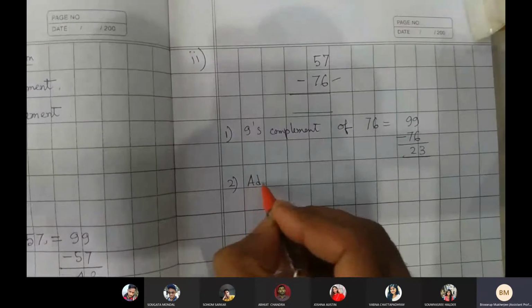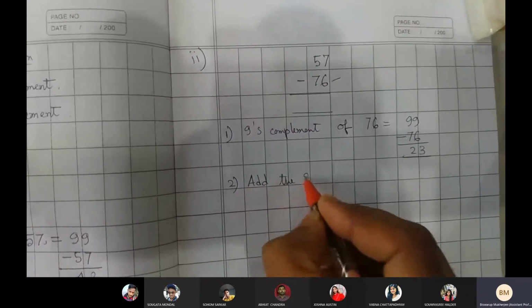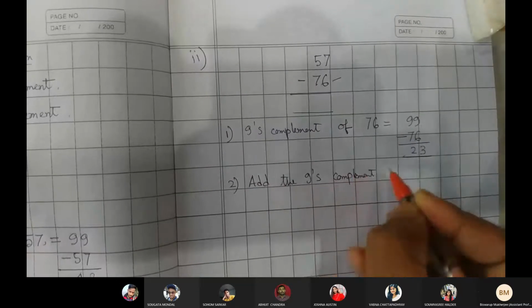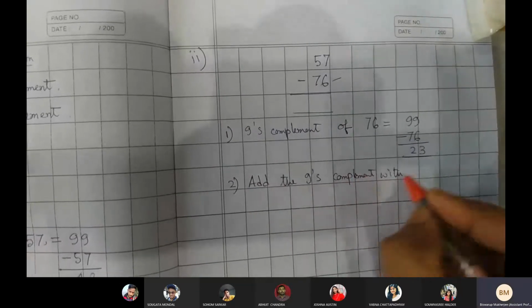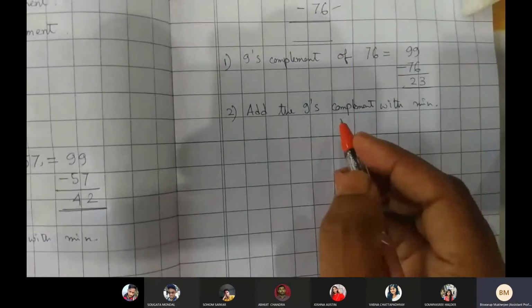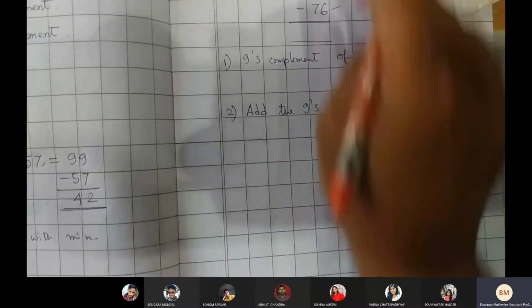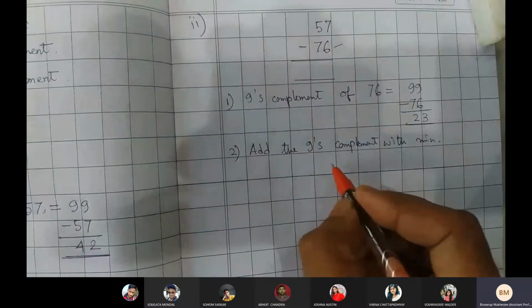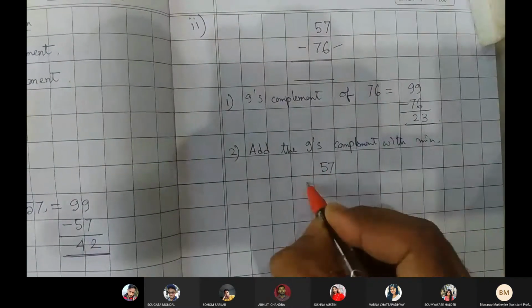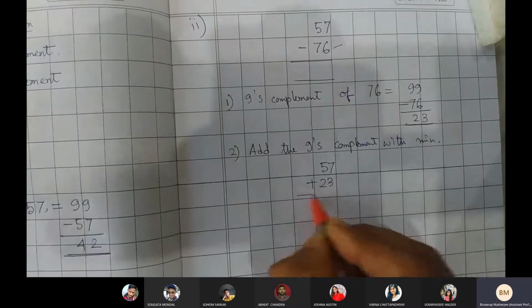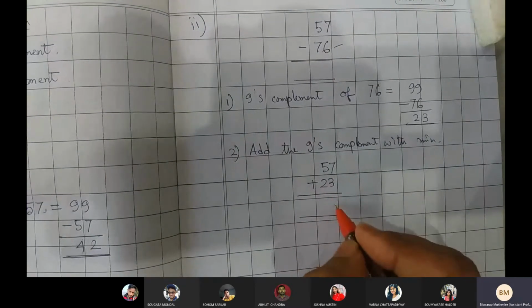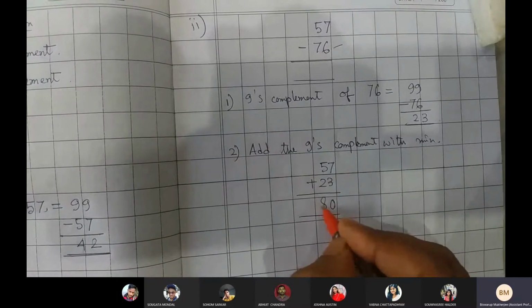Add the 9's complement with minuend. This time it is 57. So we need to add 57 plus 23. Now this is 80.